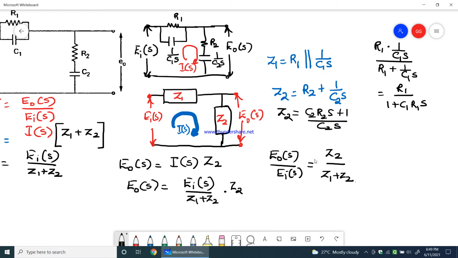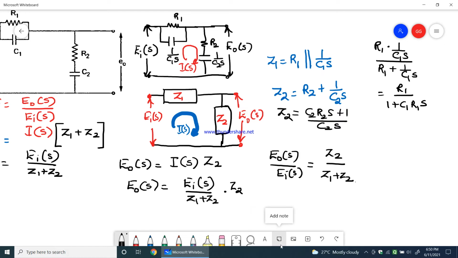Here we needed to find the transfer function for the given electrical network, because this knowledge of the transfer function will help you in block diagram reduction techniques when we apply them to any given mechanical system. There also we find the transfer function. So the knowledge that you gain here will help you there.